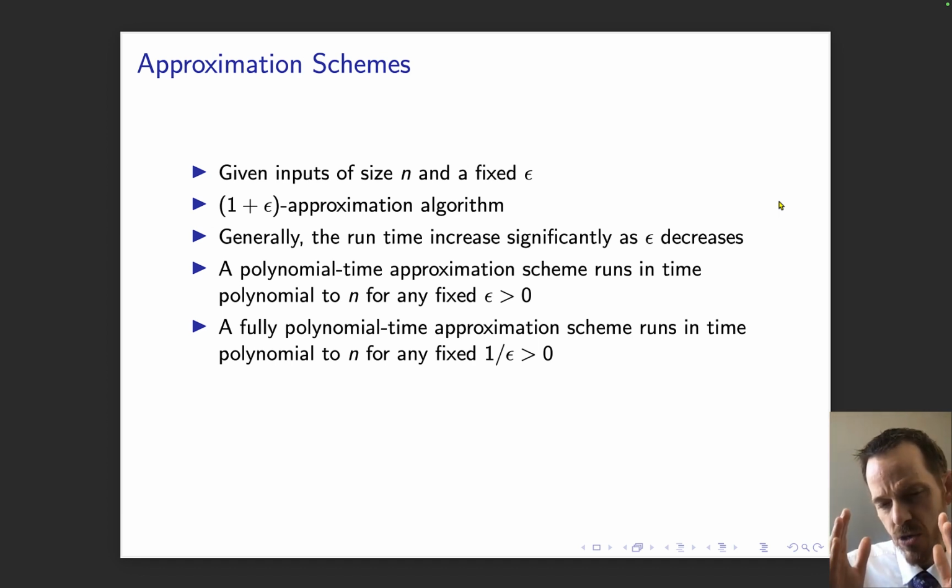As we get closer and closer to the optimal solution, it's going to take a lot more time. That's not surprising, because optimal solutions for these NP-complete problems have very long running times. If that wasn't true and we had a polynomial time algorithm, then we'd have just proved P equals NP. Probably not going to do that.